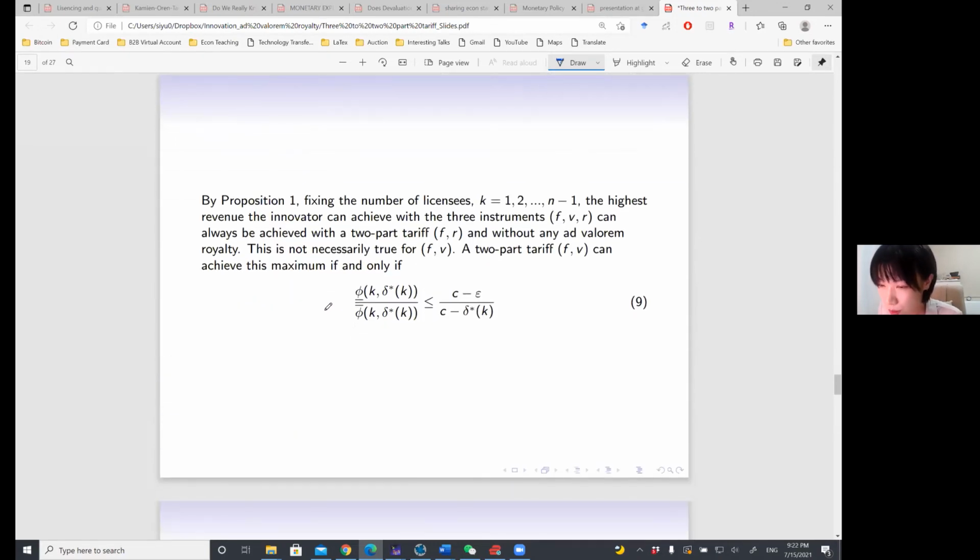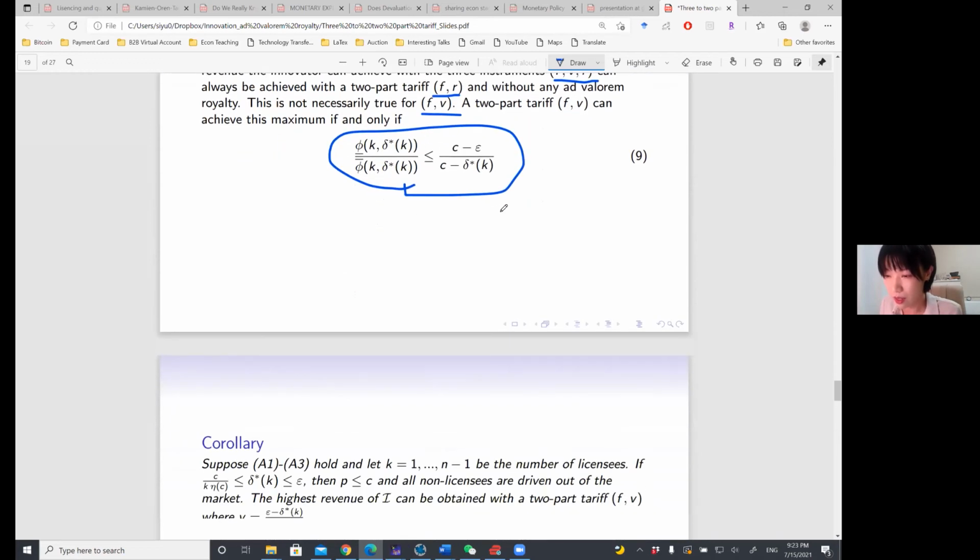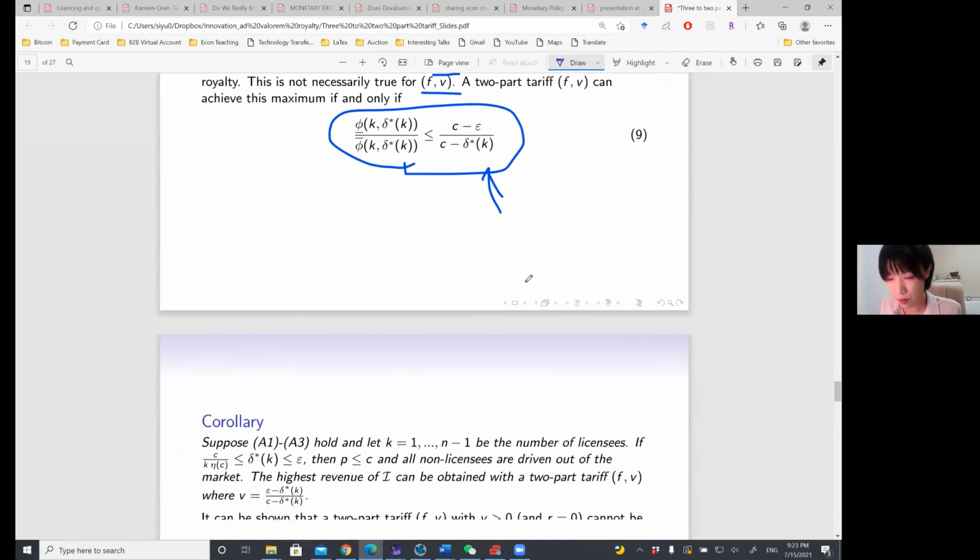In other words, we say the innovator can achieve the three-part tariff FRV. The maximum level of revenue can be sufficiently achieved by FR. And if this condition is satisfied, a two-part tariff FV can also achieve the same optimum. And this constraint is the acceptability constraint by firms.